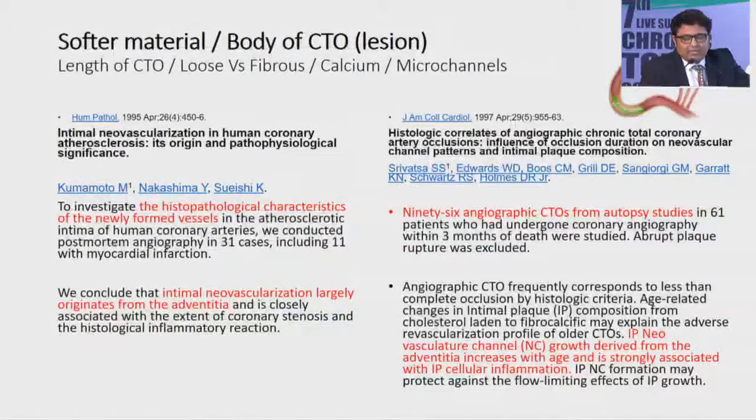Kumamoto and Srivastava have done extensive studies on it and have shown intimal neovascularization largely originates from the adventitia, and the intimal plaque with neovascular channel growth derived from the adventitia increases with age and is strongly associated with intimal plaque cellular inflammation.